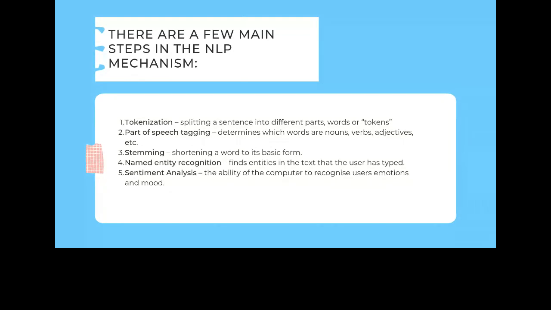But these are definitely good mechanisms which you should look at, read about, and go deep into whenever you are working with them. So that's all the mechanisms: there is tokenization, part of speech tagging, stemming, lemmatization, named entity recognition, which I was just talking about, and sentiment analysis, which recognizes the mood and emotions of the user.